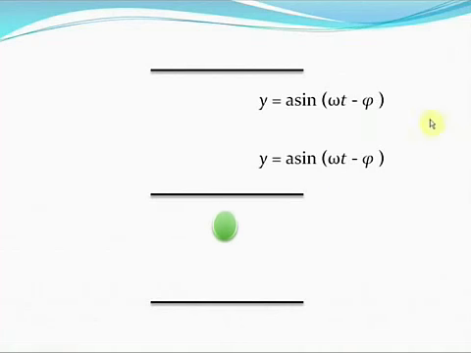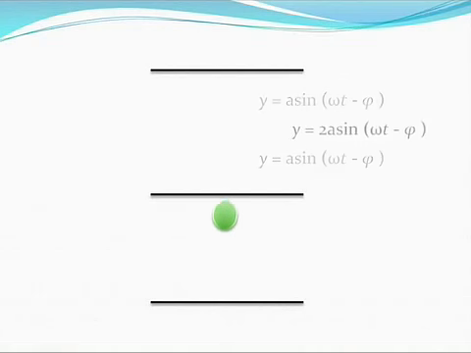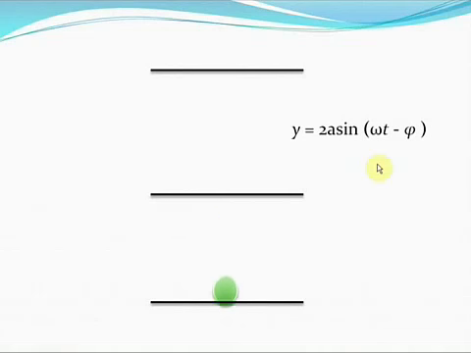If these two waves are traveling in the medium, then according to the principle of superposition, the final resultant wave will be y equal to 2a sine omega t minus phi, that is the sum of the two waves, and the medium particle will be displaced like this by double the amplitude by the resultant wave.